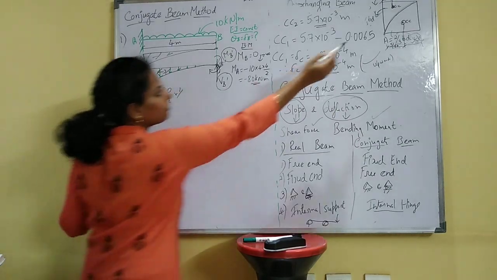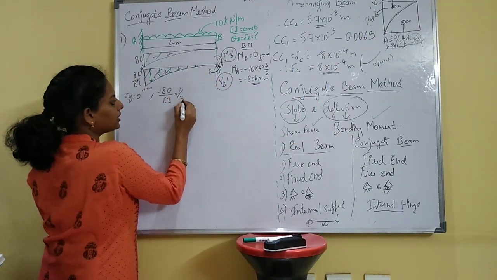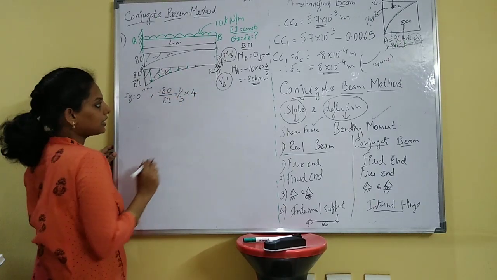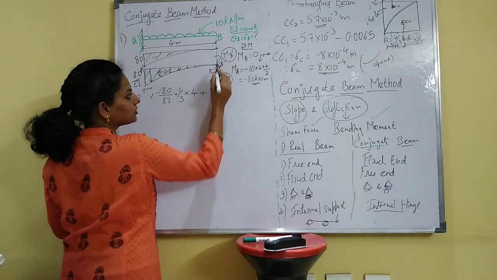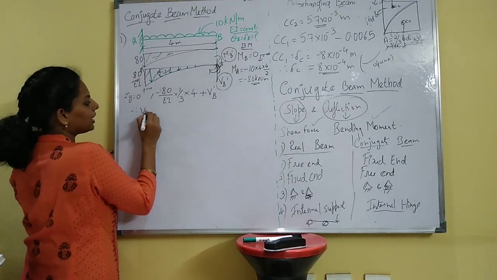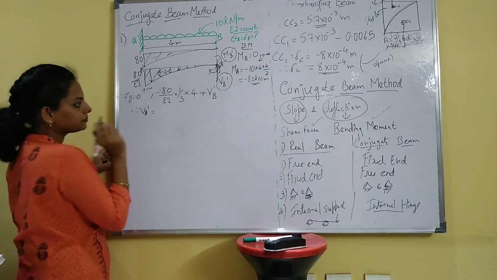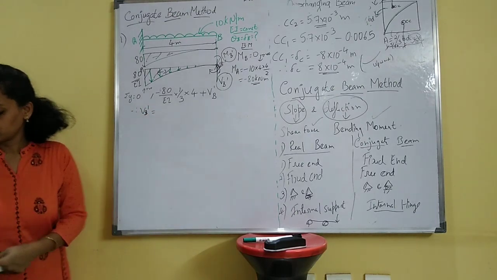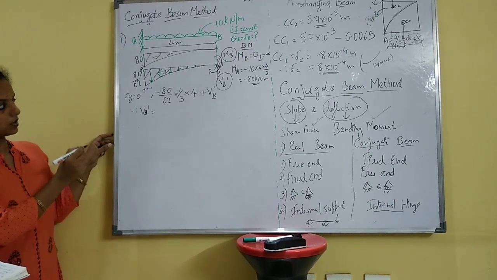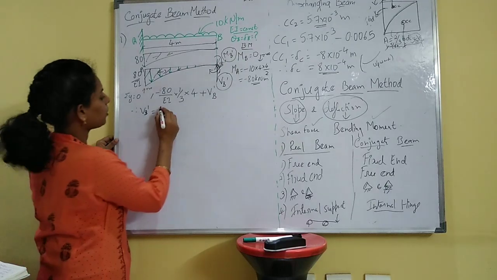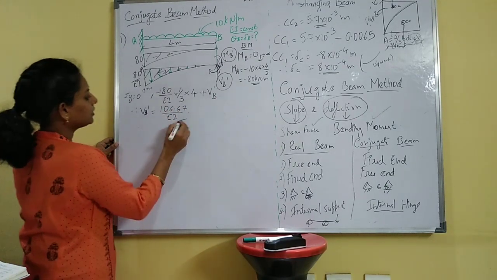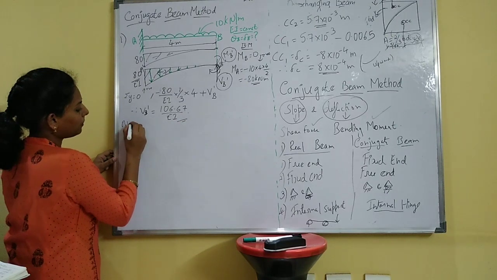So for this you have 1/3 of B into D, so 1/3 of 4 meter into minus 80 by EI, plus this VB dash. Therefore, VB dash value is 106.67 by EI.